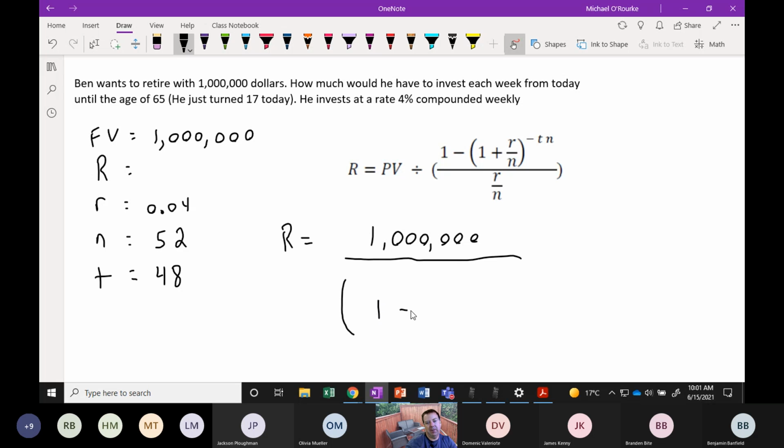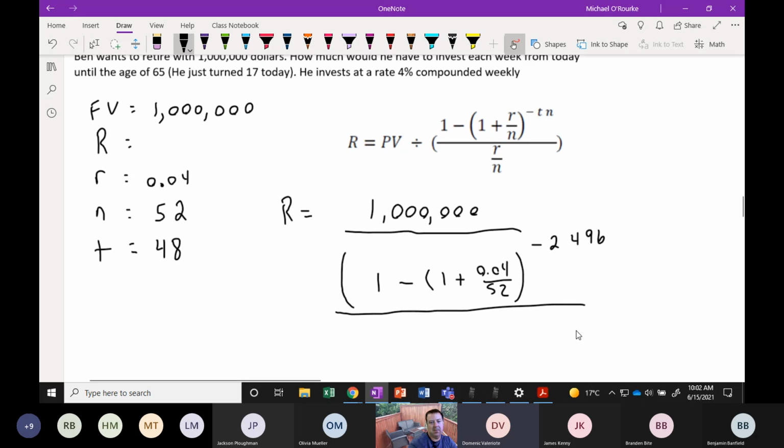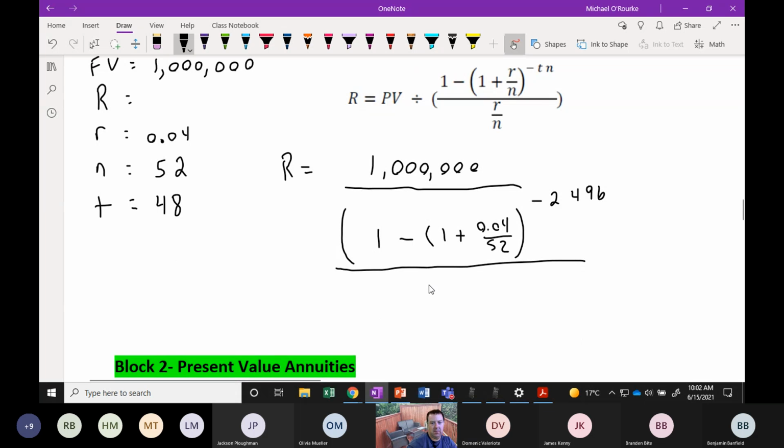So this time we have 1 minus this, 0.04 divided by 52 to the power of, oh boy, that's a big number, negative 2,496. Yep, that 1 million divided by, yeah, you have that.